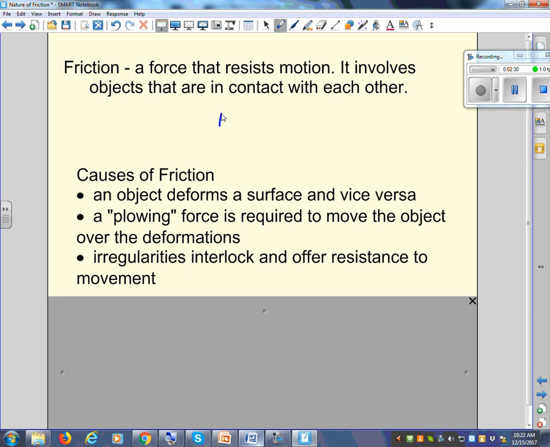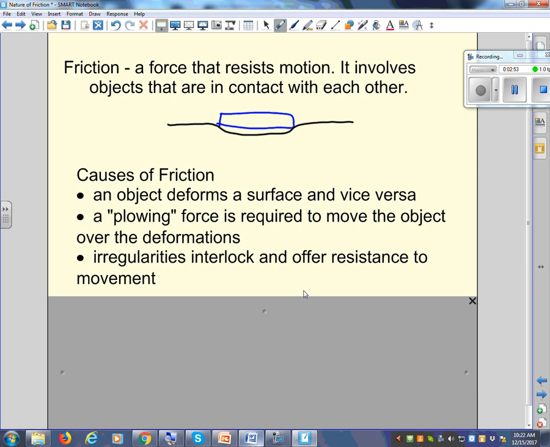There's my laptop, here's the table. So they're saying that it actually does that. Now I've exaggerated it significantly to see it, right? And so then they believe that a plowing force is required to move the object over these deformations. Or you're in fact kind of going slightly uphill. There's some debate around that.